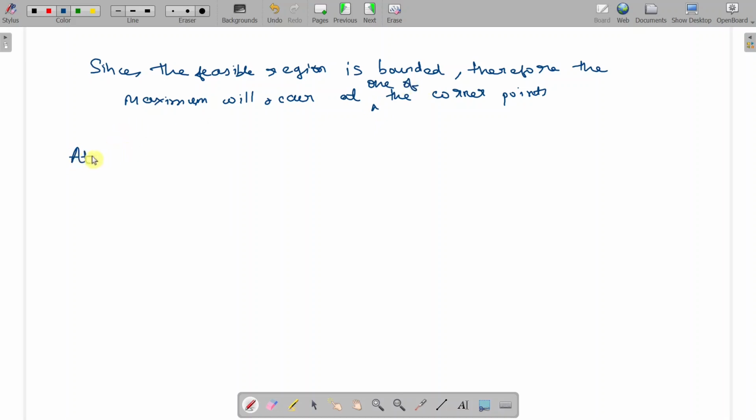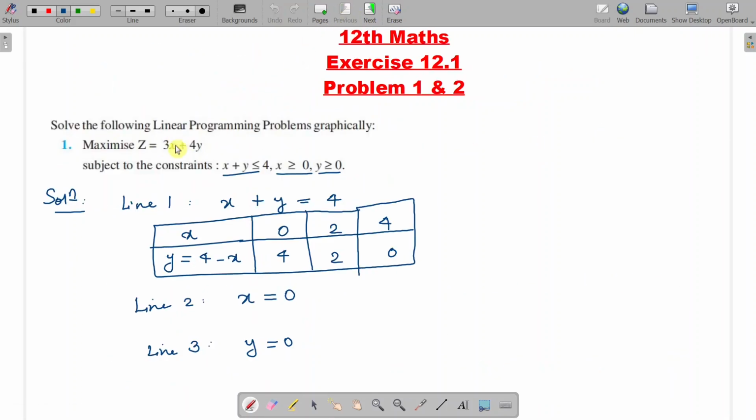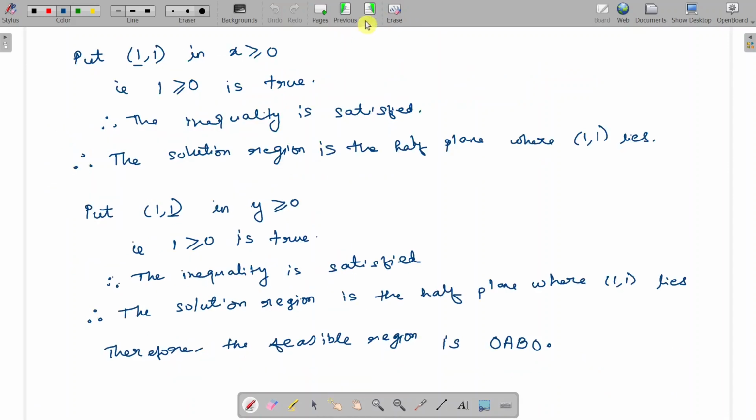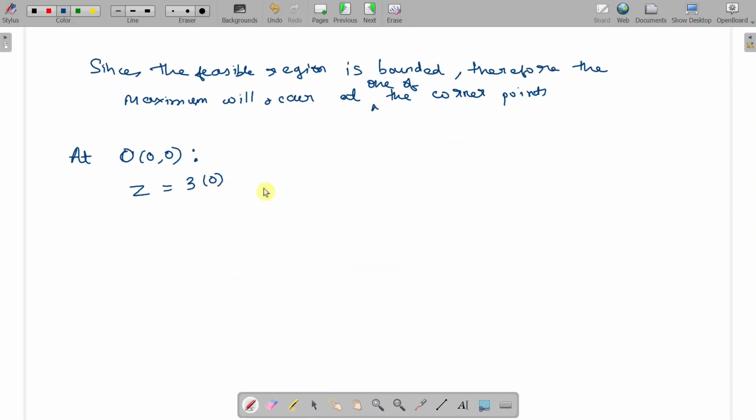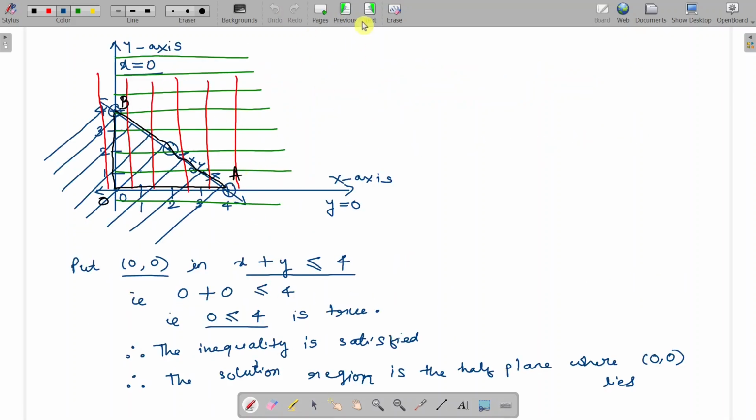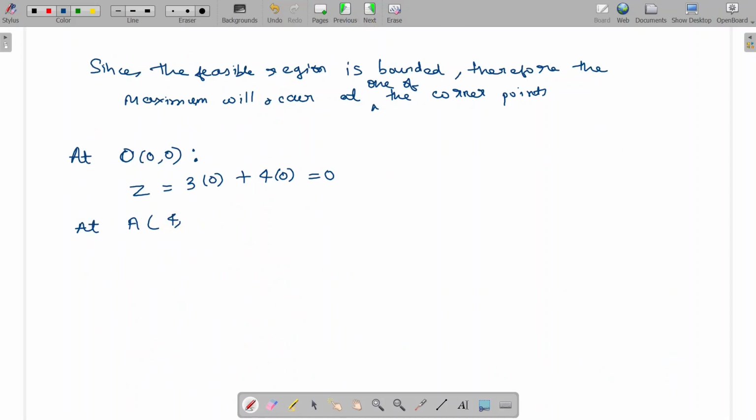So first we will take the first corner point, origin, that is 0 comma 0. So we have to find the value of z at 0 comma 0. So that means it will be 3 times 0 plus 4 times 0, because x and y are 0. So that is 0. Then at the second corner point, that is A, which is nothing but 4 comma 0, z will be equal to 3 times 4 plus 4 times 0, which is 12, right?